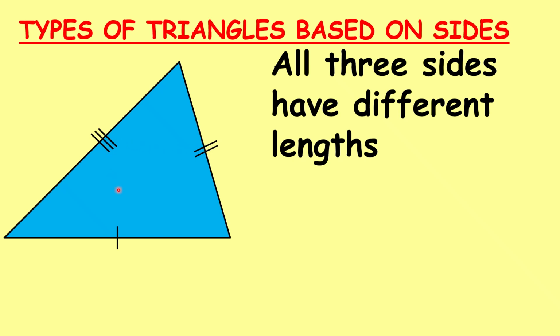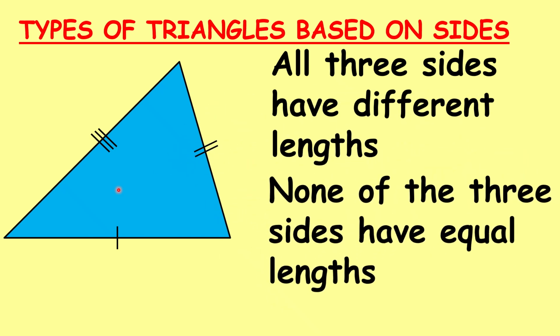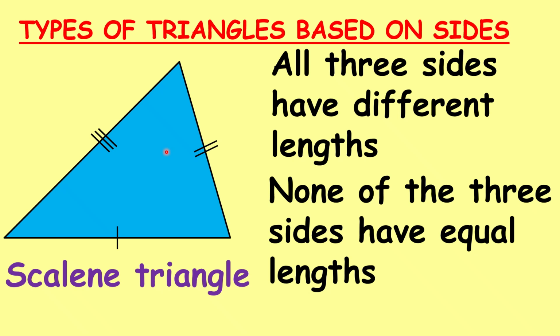That tells you that they are different lengths of sides. And when they are different lengths of sides, they also have different angles. So none of the sides is equal, neither is any of the angles in this particular triangle equal. And it is called a scalene triangle.